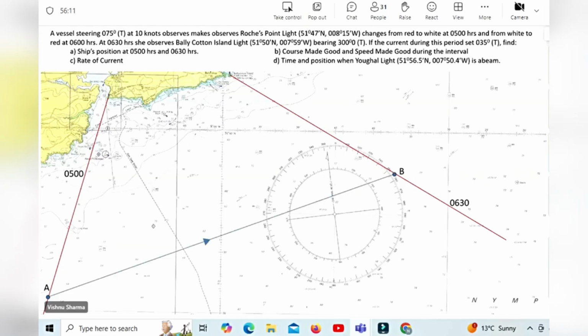We get B. Then we mark point C. Think how you got point C. Then we mark point D. Then we transfer the first PL through C. How do you get point E? Please recall. To get point E, you transfer the PL through C and D, and the intersection gives you point E.